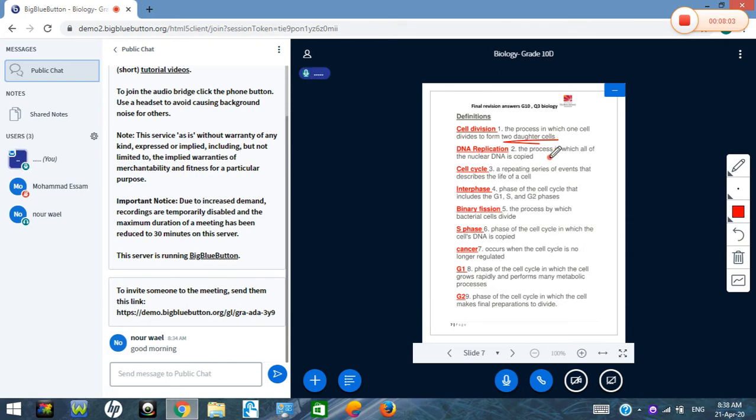Number 2, the process in which all of the nuclear DNA is copied. DNA is copied during DNA duplication or DNA replication, which occurs in the S phase of the interphase.